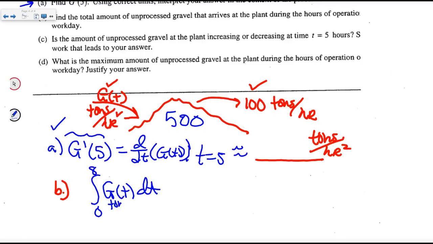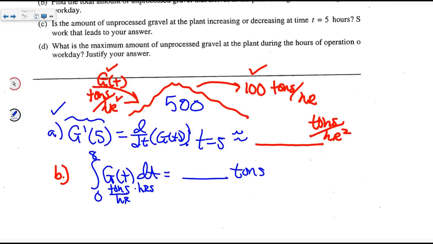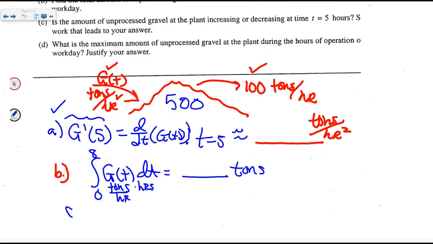Again, tons per hour times change in hours yields accumulation of tons that fell onto that pile during the 8-hour workday. And you would have to type that into your calculator and make sure you label it, and that's an easy question.